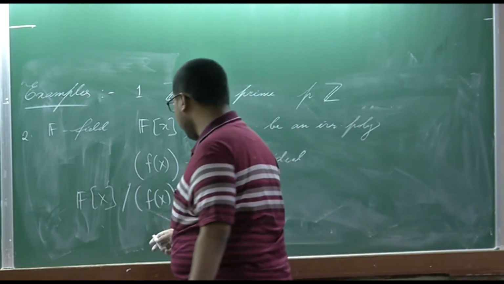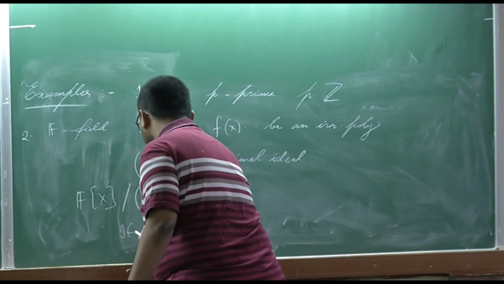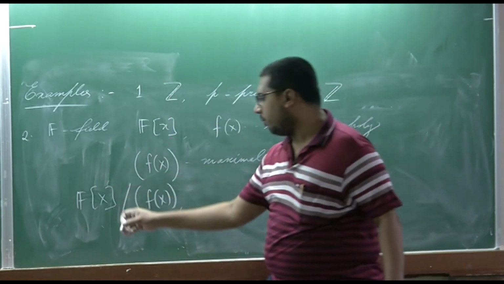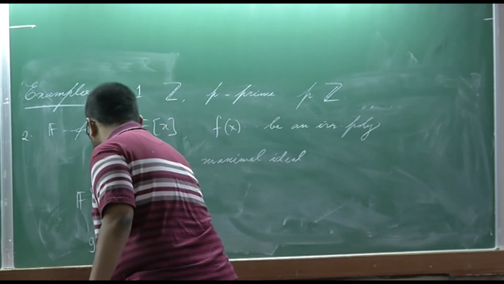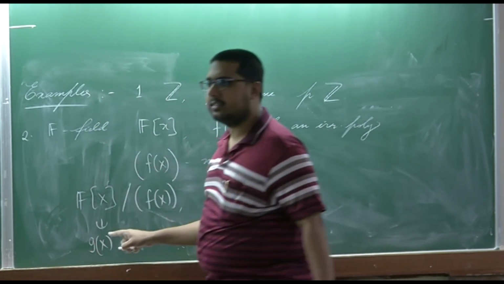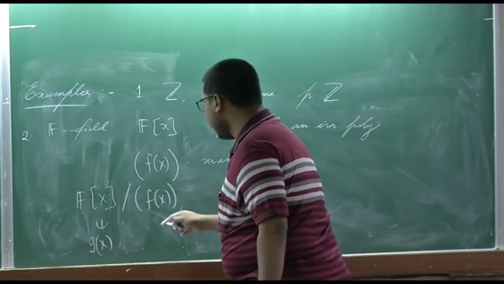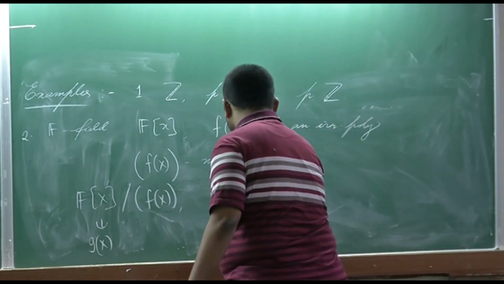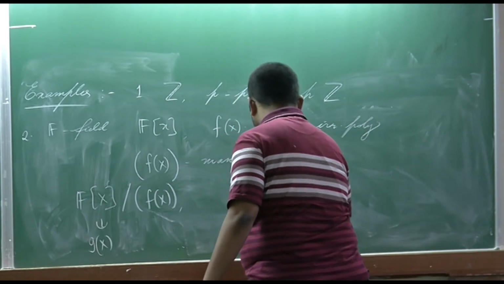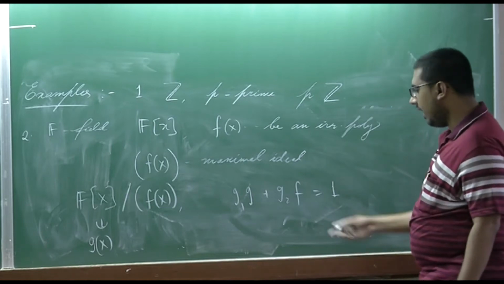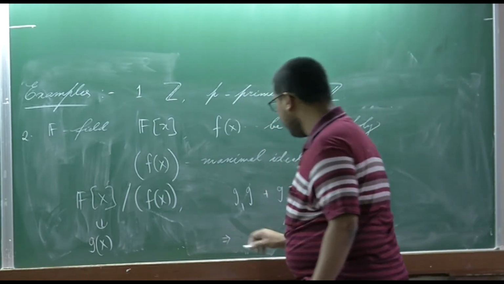So, take a polynomial g(x) here. If f divides it, then certainly in the quotient ring this is going to be 0. Otherwise, since they are co-prime, you will have some g1, by Bezout's theorem, and then the rest is obvious.